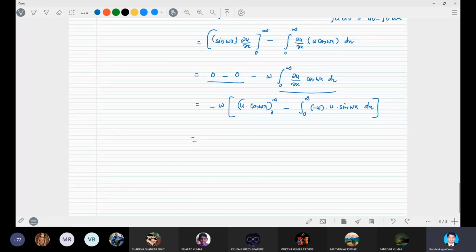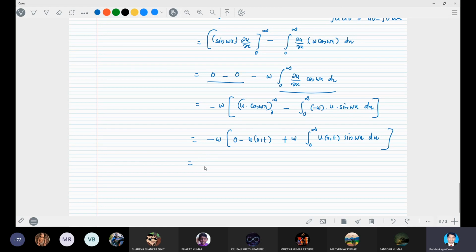This also tends to 0, because as x tends to infinity, u tends to 0. So the upper limit value tends to 0, minus omega into the lower limit value u(0, t), minus into minus plus omega into the integral from 0 to infinity of u(x, t) into sine omega x dx, right?